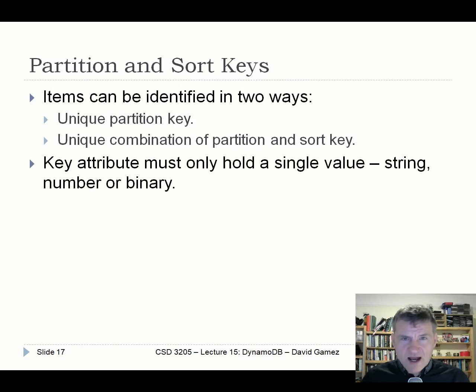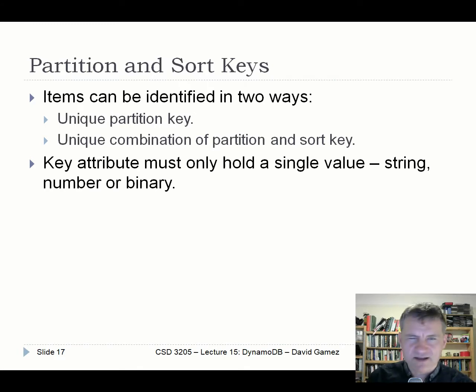So now we get into the more specific and confusing stuff about DynamoDB. We have these partition and sort keys. We can identify items in two ways. You're kind of used to this already, but it hasn't been as important in the other databases that you've used on my courses. In MongoDB, for example, each document has a unique identifier associated with it, typically generated by MongoDB itself.